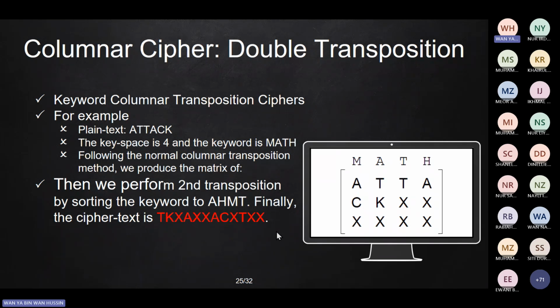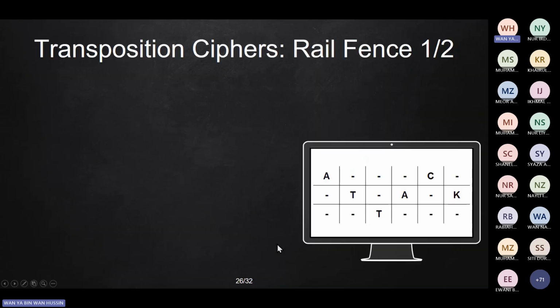Instead of 4, 2, 4, 3, we have 2, 4, 3 in this example times 4 times 3 times 2 times 1. We have more combinations. It makes it more secure.